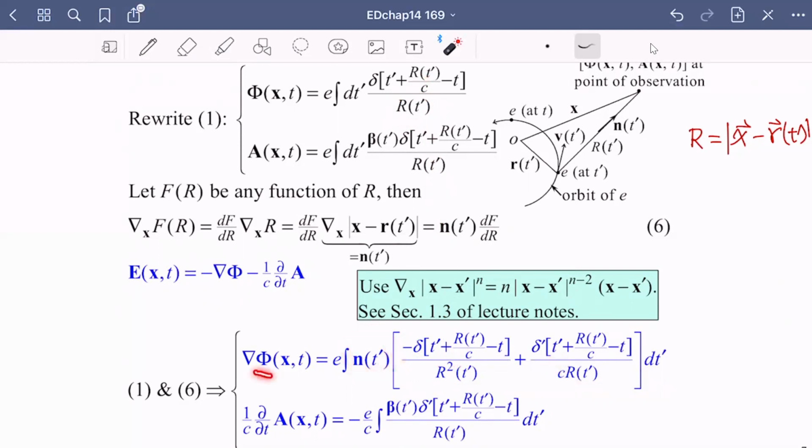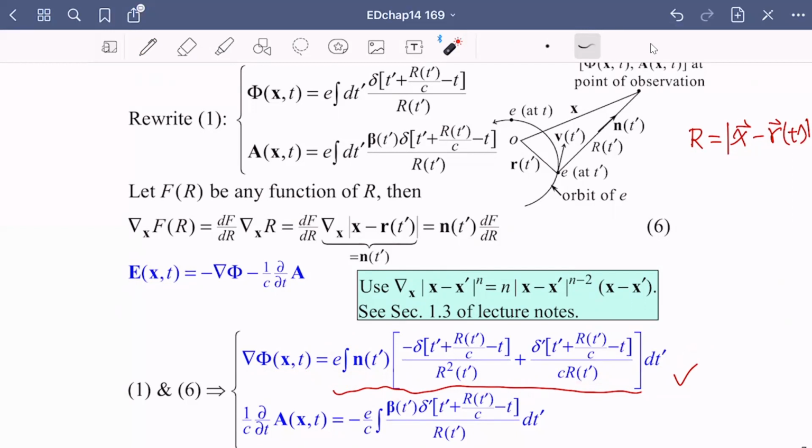So this one is actually very easy. Easy to understand. Simple. But remember, we have an integration sign here. We need to perform the integration.